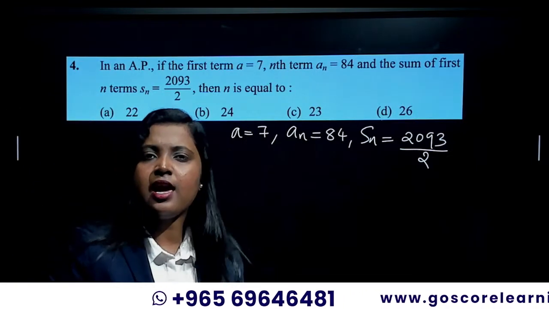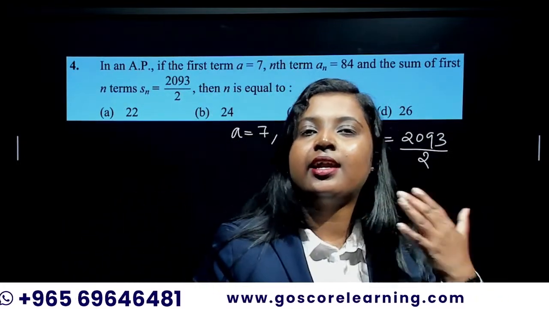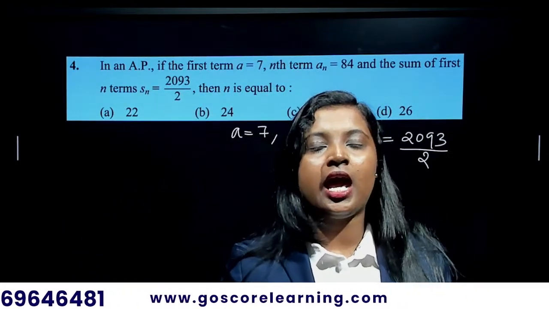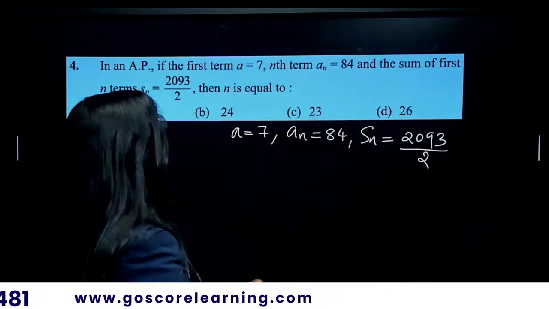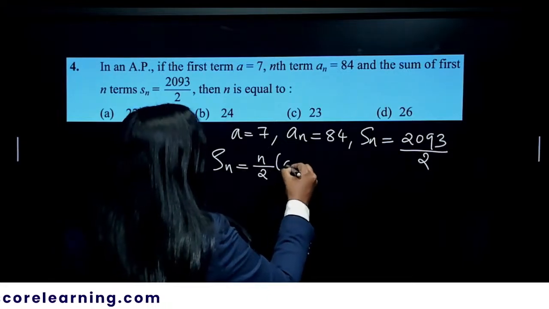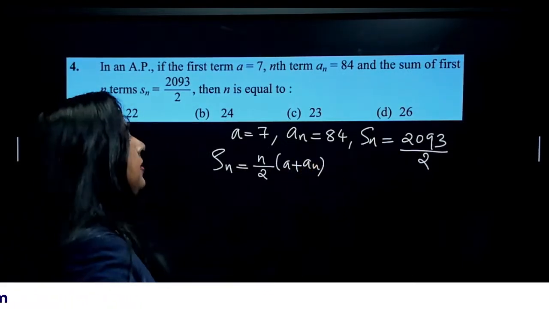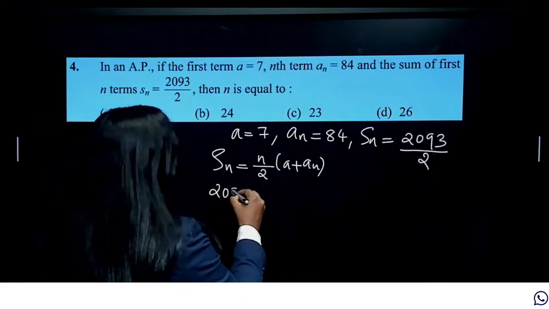So you have a, you have an, and you have Sn. So you must write an equation connecting all three, a, an, and Sn. So what is that equation? We have Sn is equal to n by 2 into a plus an, right? Just substitute the values.